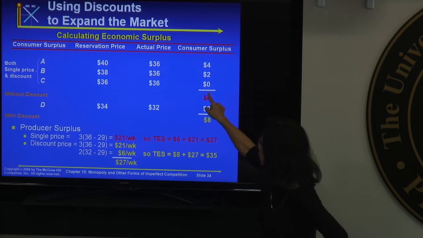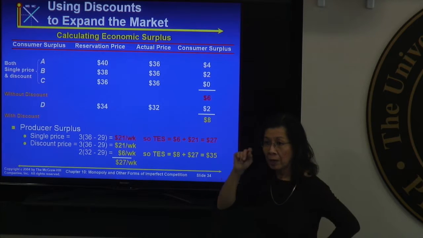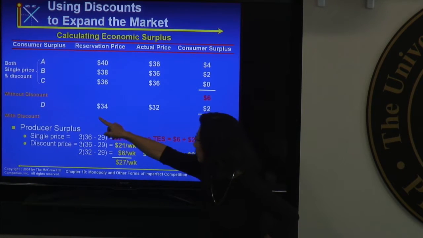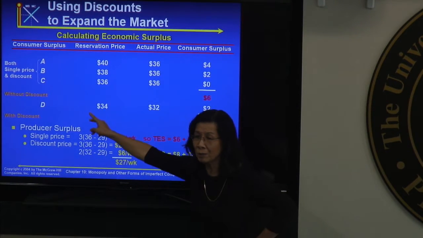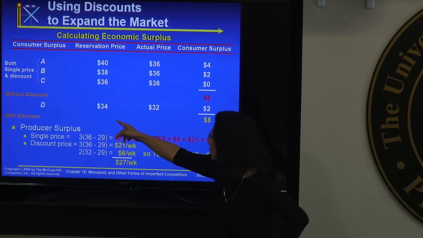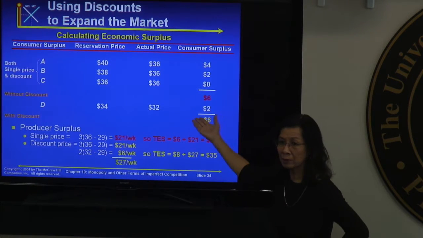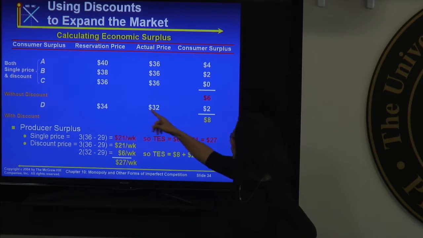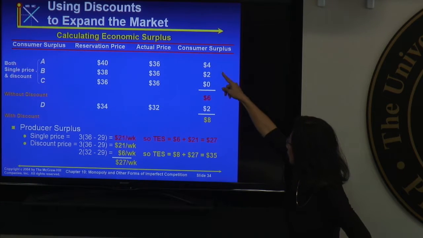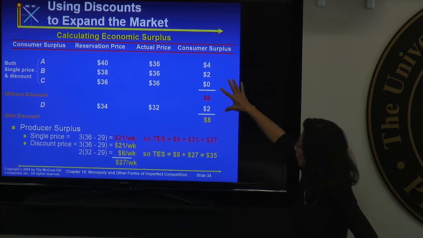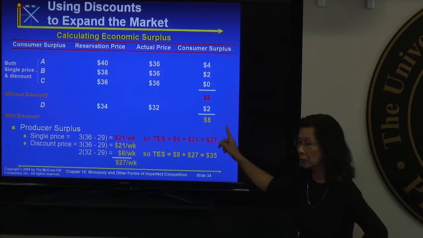The second one, $2, the last one, 0. And then the second sub-market, you only get actually 2, but E basically is 32 minus 32, 0. I didn't put that down. So again, same thing, $2. So if you add up both sub-markets, your consumer surplus is 6 plus 2, $8, the yellow one.